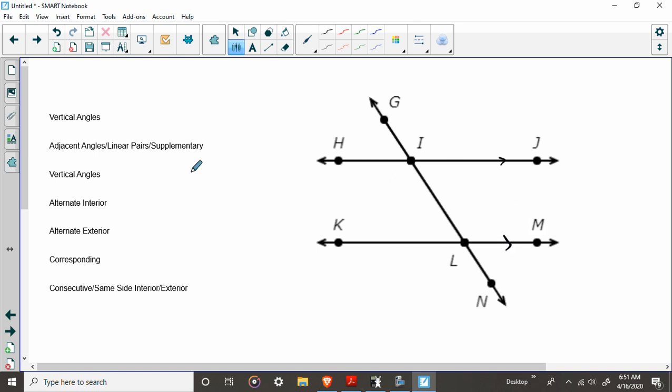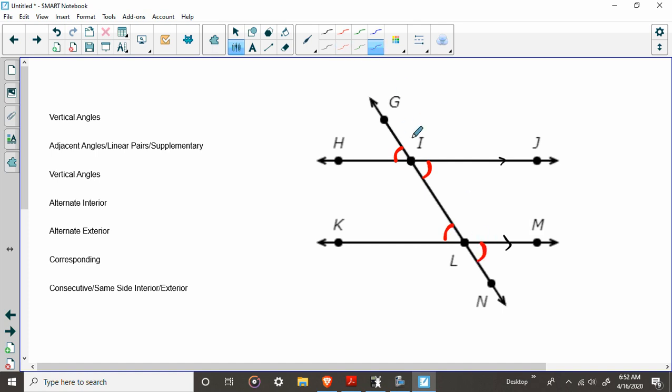Vertical angles. Vertical angles are two angles that are opposite from one another at an intersection, but they share a common vertex. So I'll give you an example of vertical angles. These two angles, this one right here, and this one right here, these are vertical angles. And these are vertical angles, right?